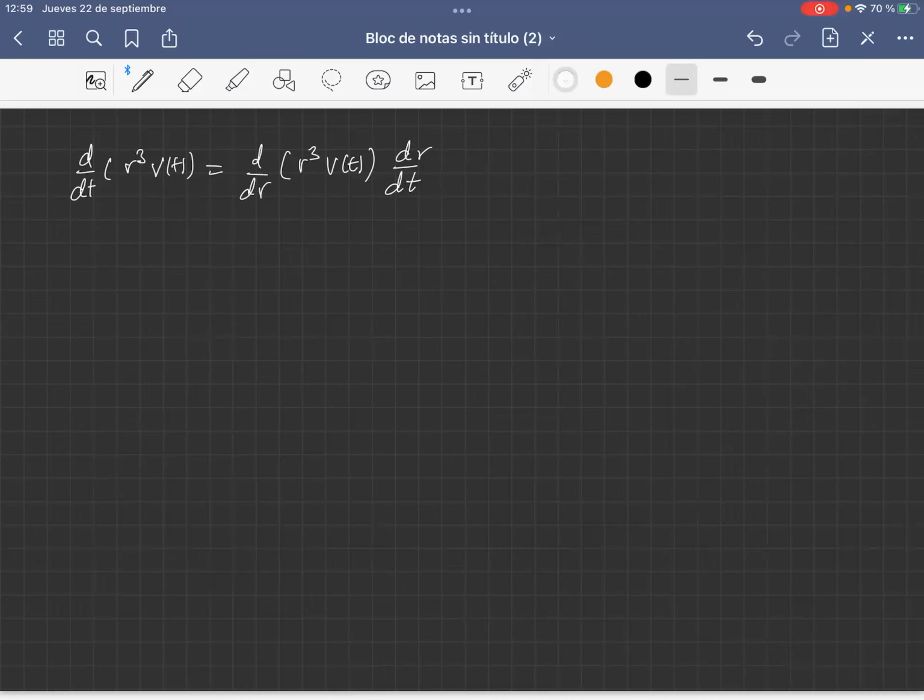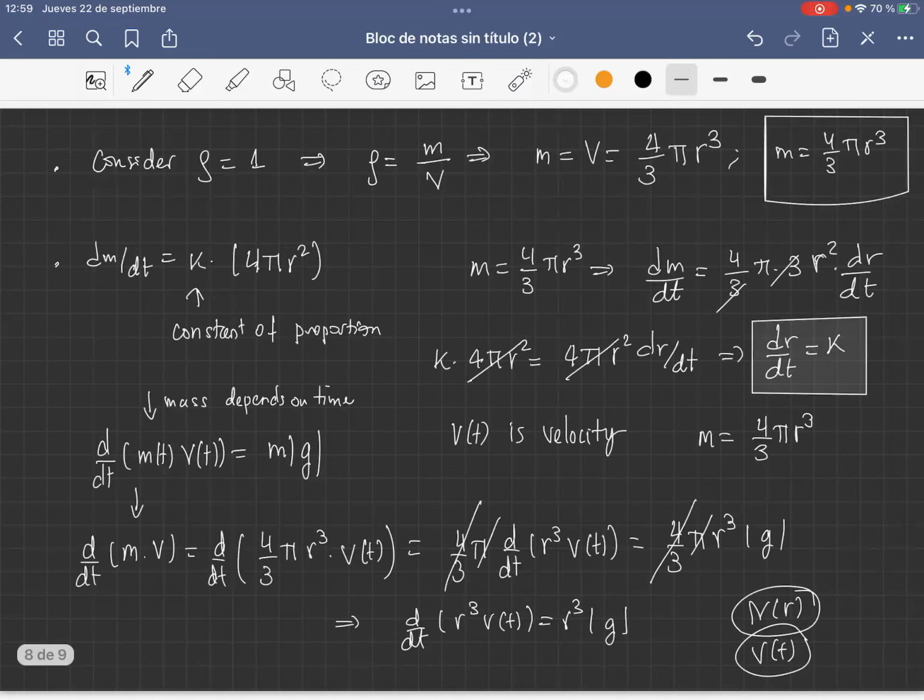But here, focus on something. Realize that the r changes with t as a constant, which is basically this claim.